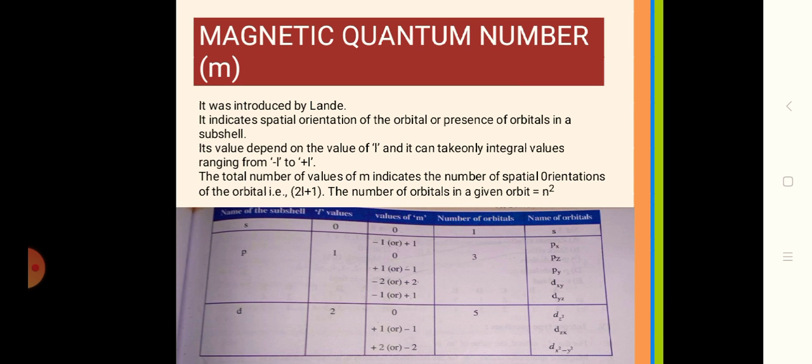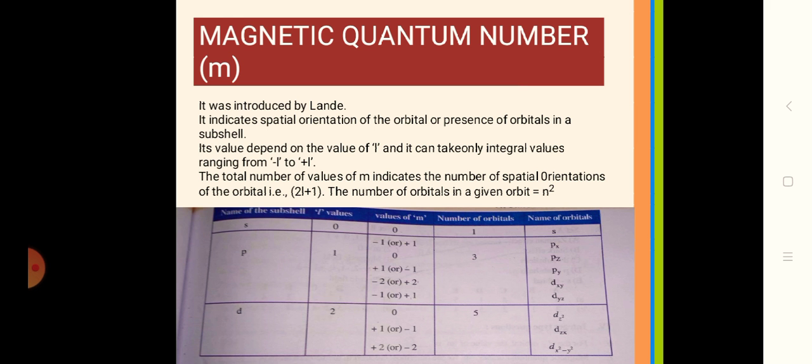and magnetic quantum number. It was introduced by Landé. It indicates spatial orientation of the orbital or presence of orbital in a subshell. Its value depends on the value of l, and it can take only integral values ranging from minus l to plus l.